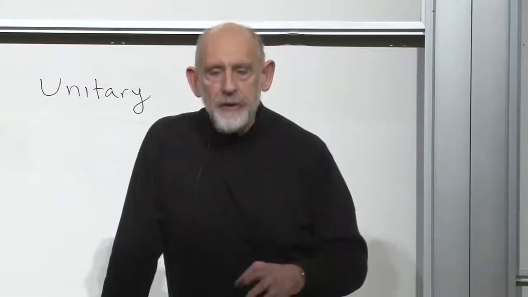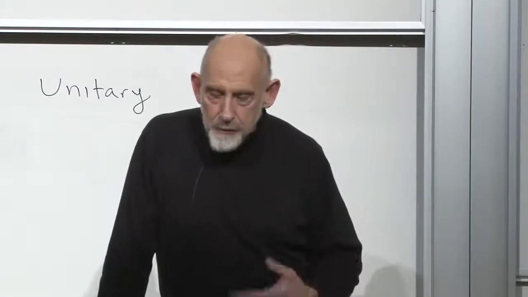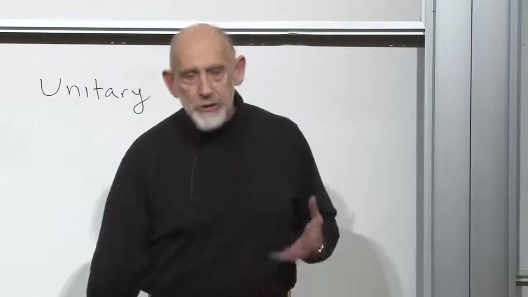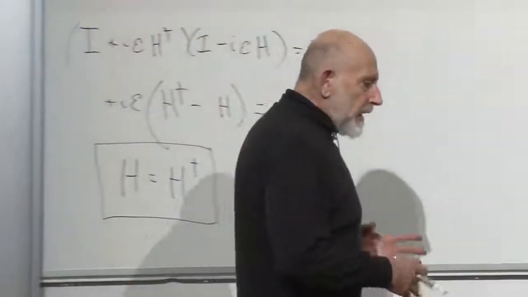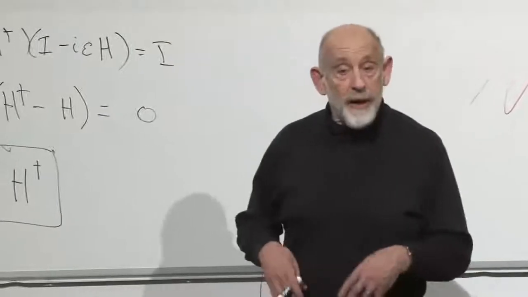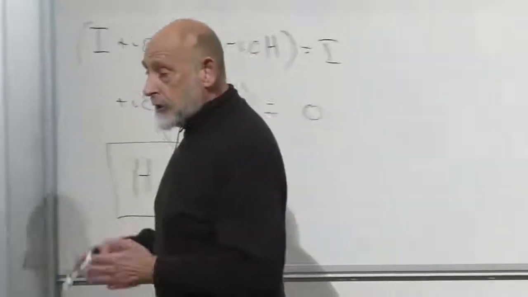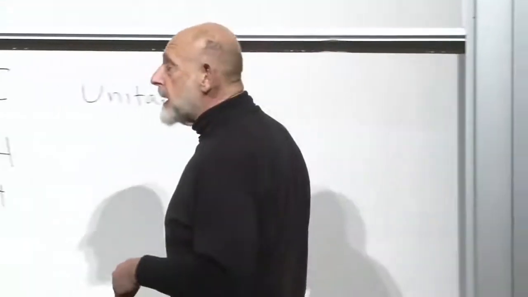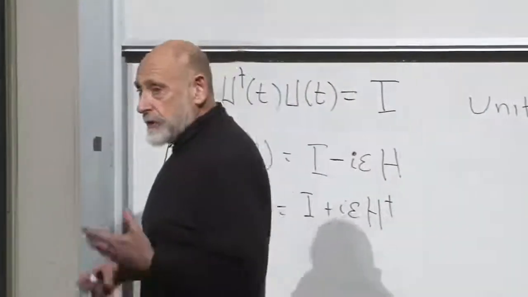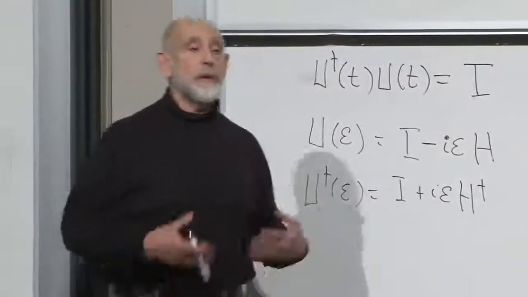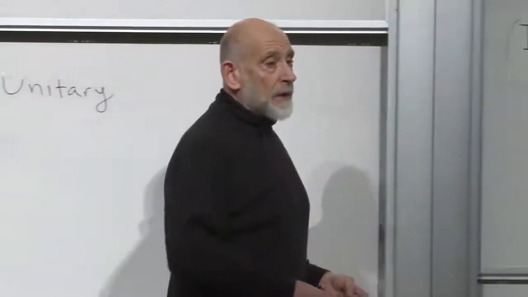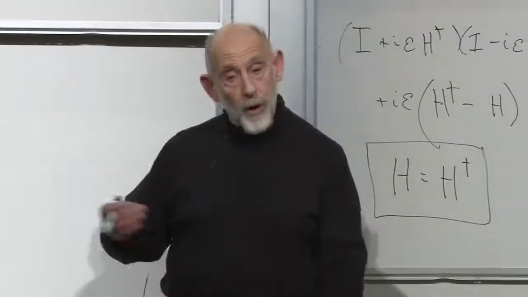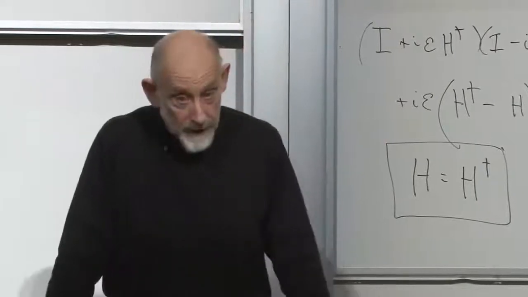The situation with a possible explicit time dependence of H is the same as in classical physics. In classical physics, H can depend on time. For example, if you have a particle moving in a magnetic field and the strength of the magnet is being varied with time by changing the current through the electromagnet, then the Hamiltonian for the particle moving in a magnetic field is time dependent.